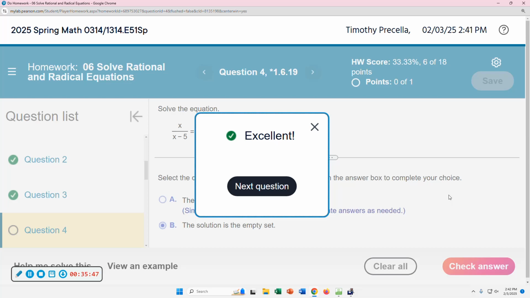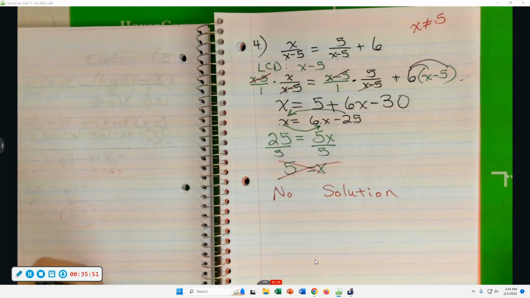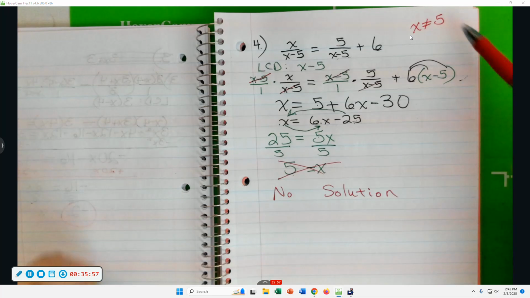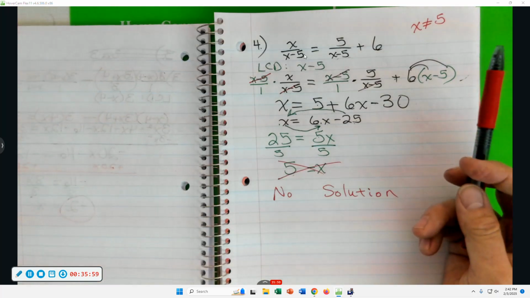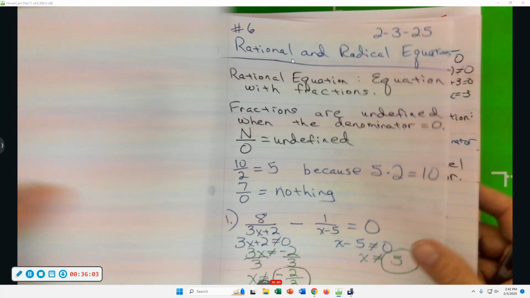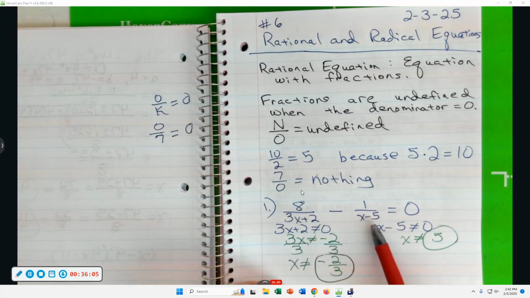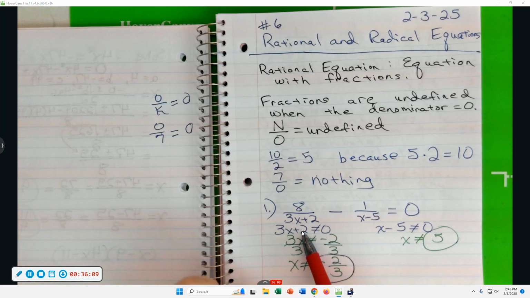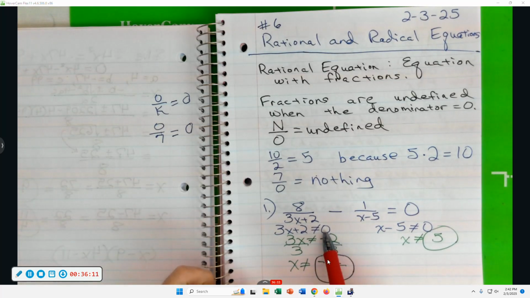Any questions there? Can you explain again how you know that 5 is the number to switch back to, like on this one? Go back to the very first problem we did today. We're asking ourselves, what number can't be 0? Any denominator can't be 0.